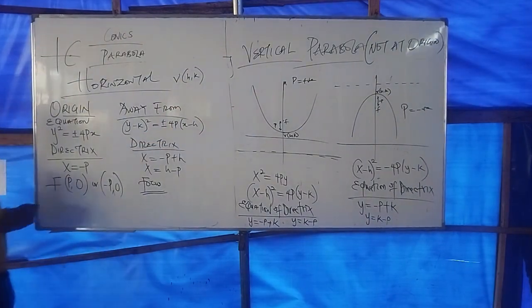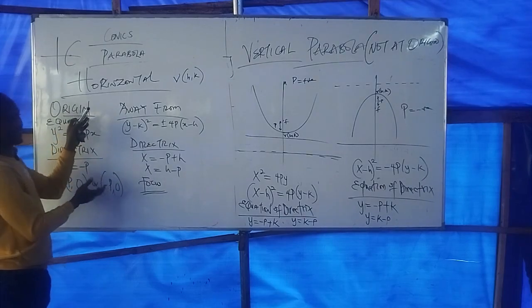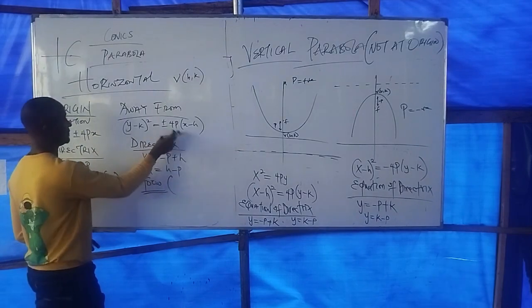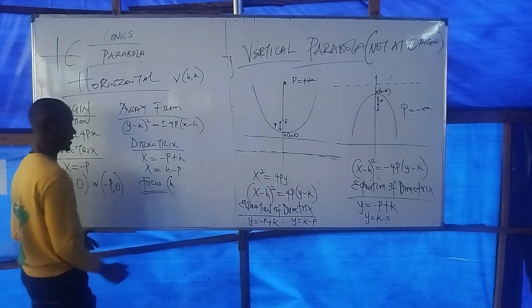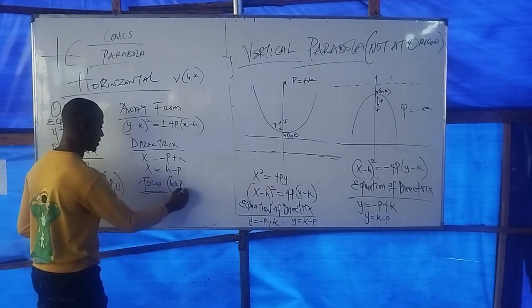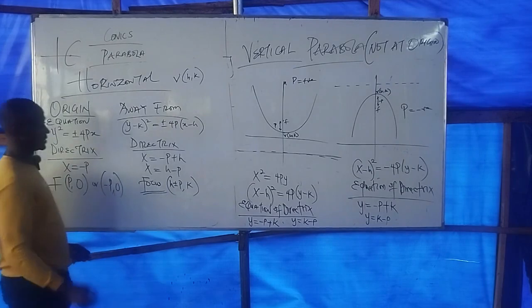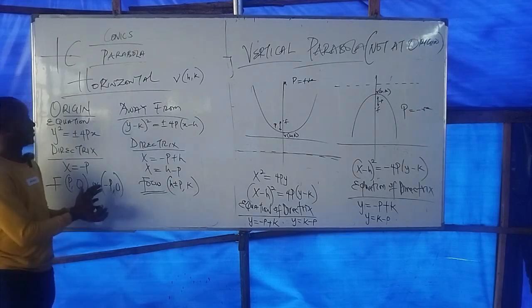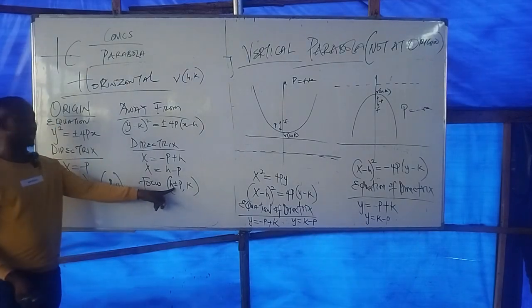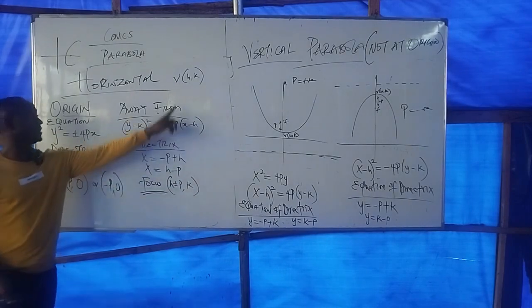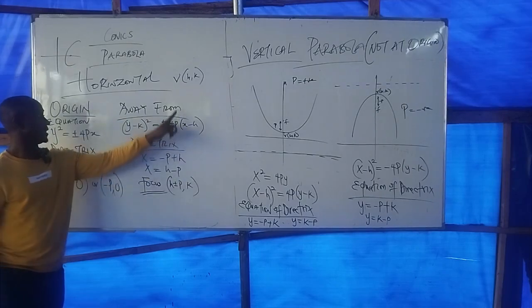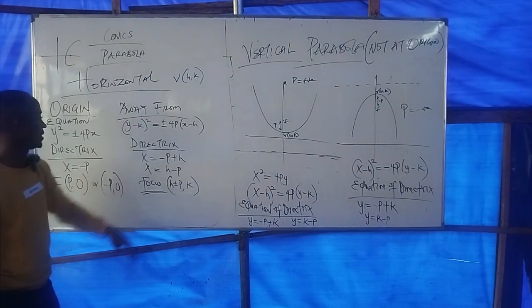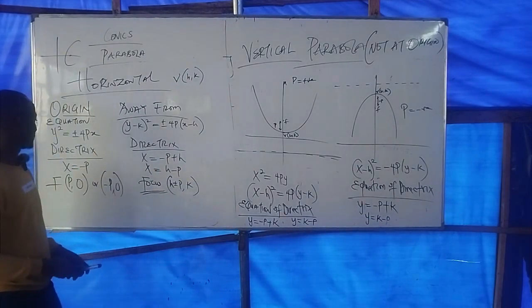Since the parabola is horizontal, our focus will be (h plus or minus p, k). I maintain my k for the vertex, then for h, I add or subtract p.